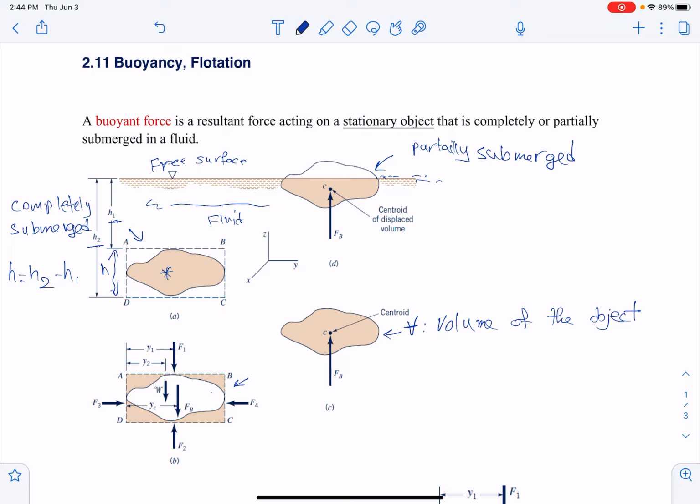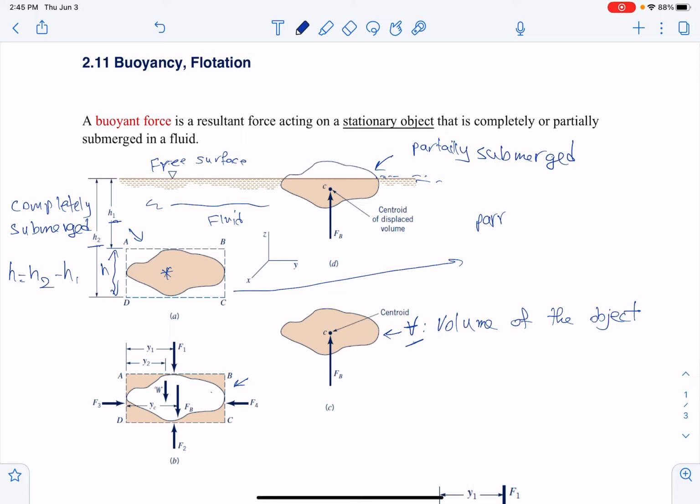First, we know the volume of the object, and also we know the height of that parallelepiped shape. If I extend that parallelepiped shape from here, let me just draw it here.